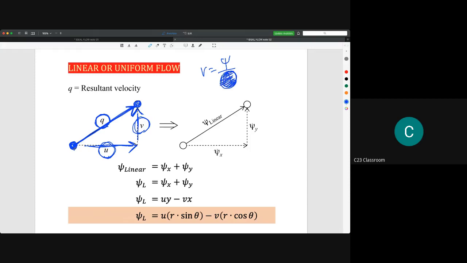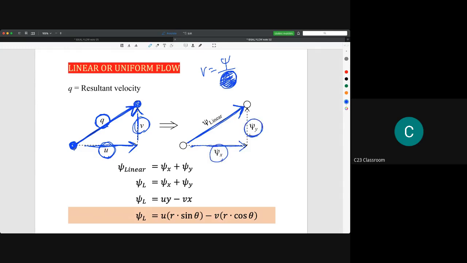So we could say that psi for linear, the resultant flow rate here, is the summation of psi in the x direction plus psi in the y direction.